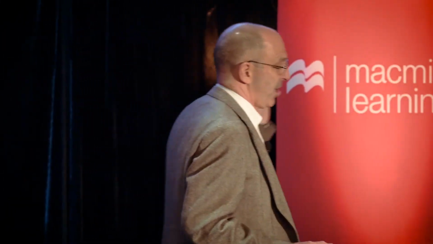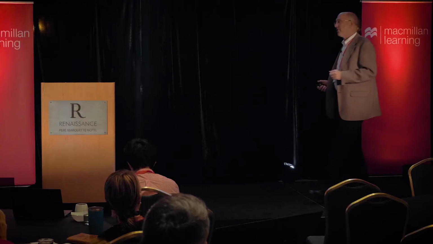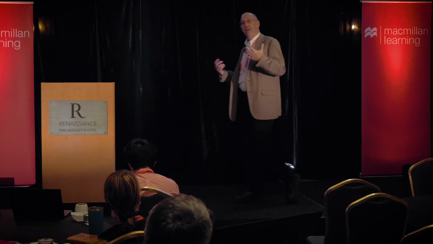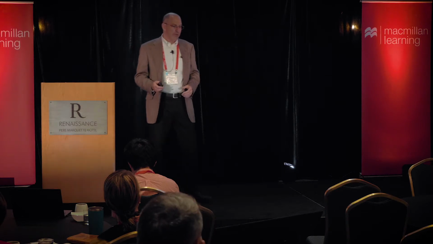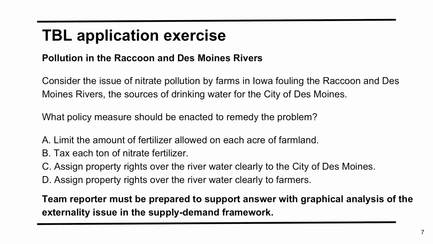They interviewed households, the manager of the Des Moines water utility, and farmers, and created this context for the problem that I then had students consider, which was this. I want you to notice that one could make a pretty good defense of any of these 4 policy recommendations.